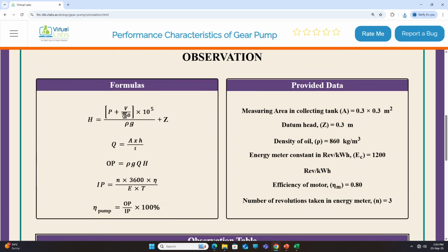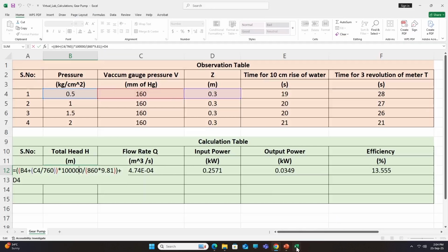It was P plus V by 760 into 10 to the power 5 by rho G. All the values are entered in this formula. You could see B4 is P, pressure, C4 by 760 is V by 760, then this into 100,000 by 860 into 9.81.